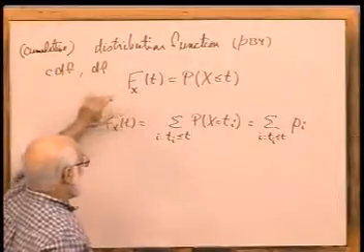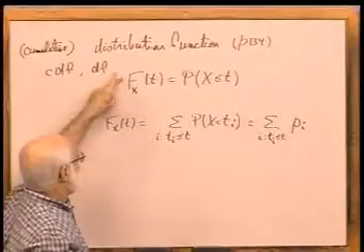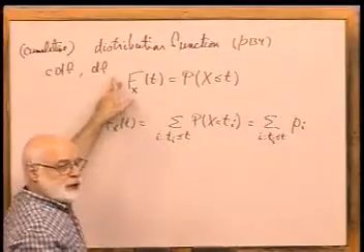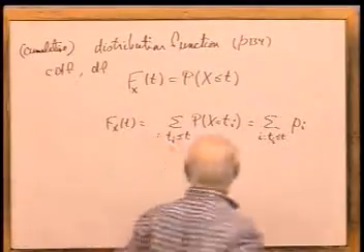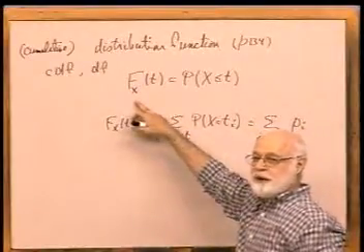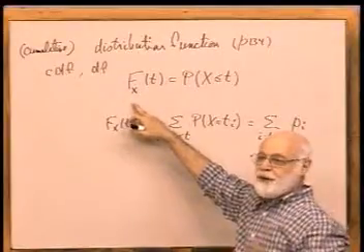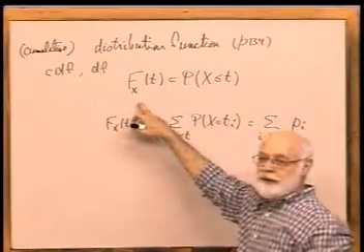Now, it's conventional to use an uppercase F, and there's also a case where you use a lowercase f. We'll get to that shortly. And one of the big things in the course, it seems to me, is that you have to be able to distinguish between uppercase and lowercase. It's the same problem with the X's, but they mean absolutely different things.